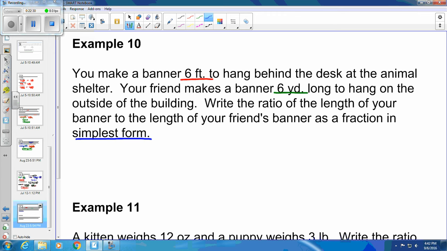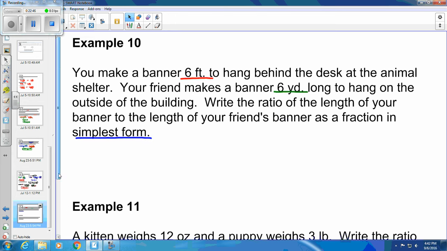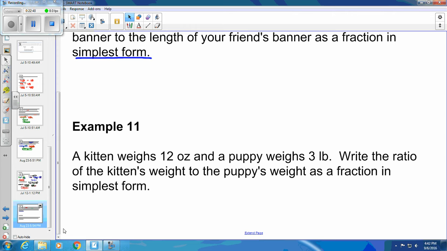Okay? So we've got to do some converting because 6 feet and 6 yards are 2 different measurements. So we have to make them either all feet or all yards. The next question, example 11, has you looking at a kitten that weighs 12 ounces and a puppy that weighs 3 pounds.